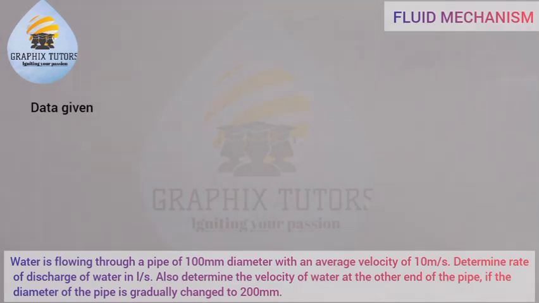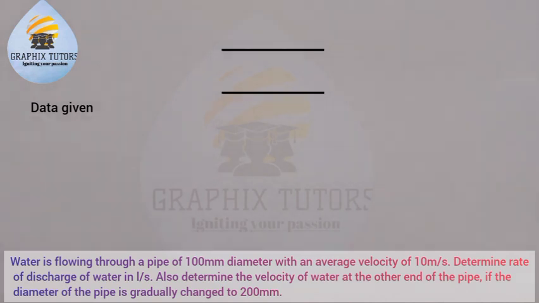Now with the question, it says we have a pipe. Let's say this is our pipe. At the initial position of the pipe, let me say at section 1, the diameter is given to be 100 millimeter, and the velocity at that section is given to be 10 meter per second.